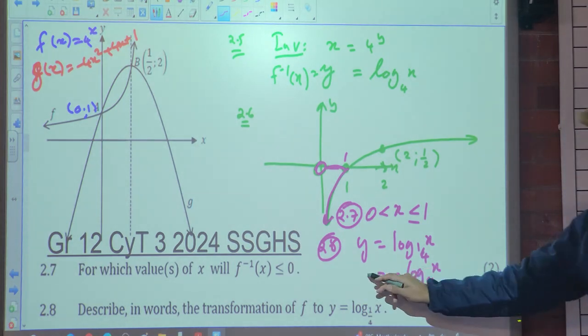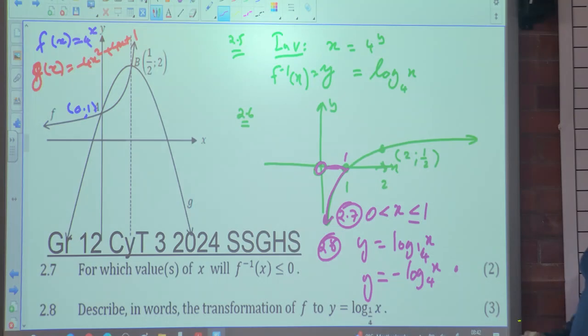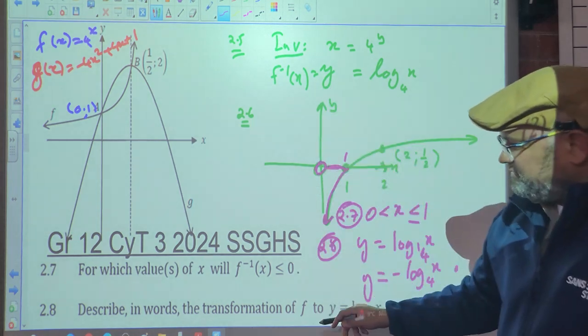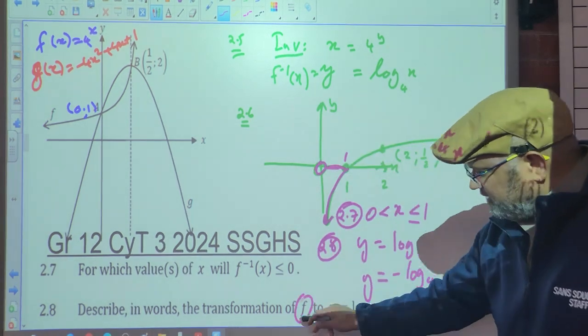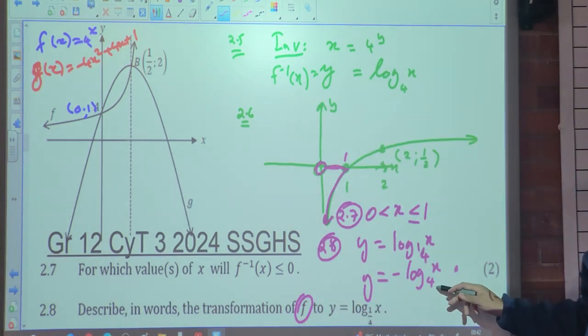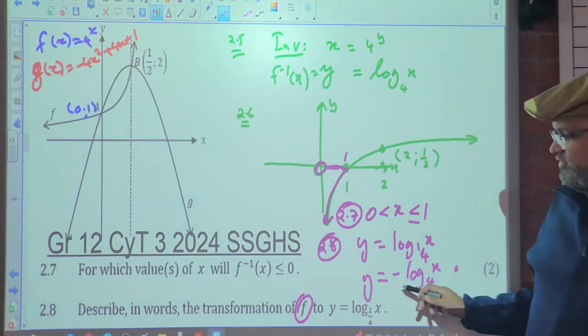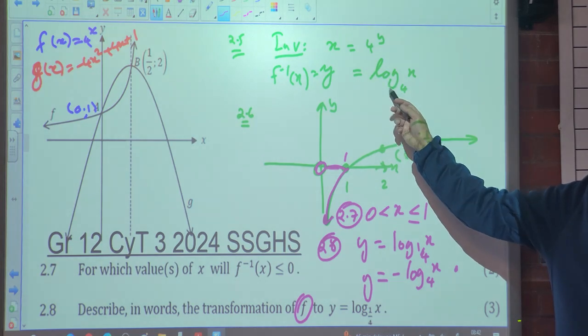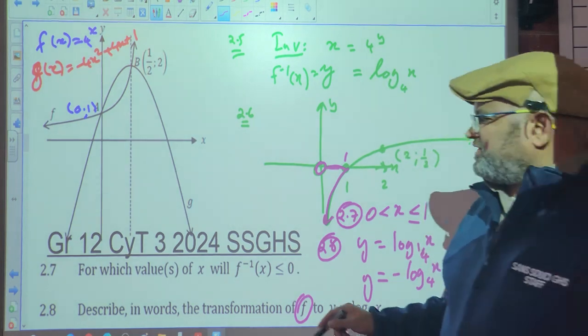Remember, I always make a note of writing this down. So now they want to know how we move from the inverse function of f to this here. As you can see, this is a log graph, so the log is the inverse function. So what happens first?